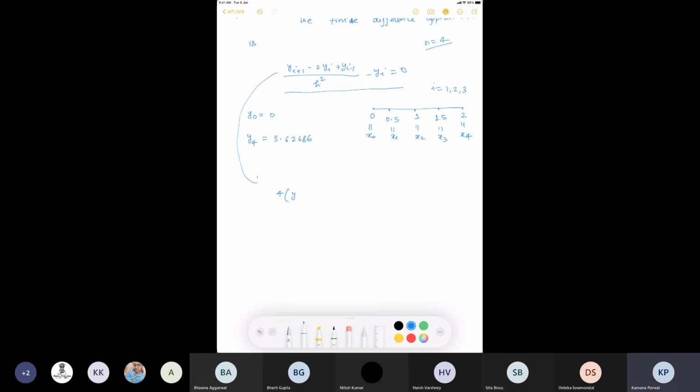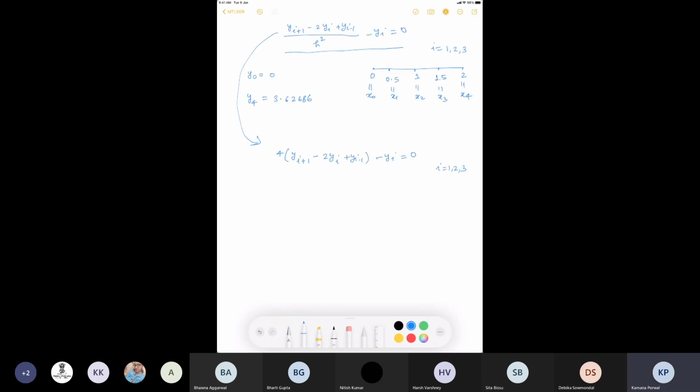So I'm just writing this equation here: 4(y_{i+1} - 2y_i + y_{i-1}) - y_i = 0 for i equals 1, 2, 3. So let's take i equal to 1.